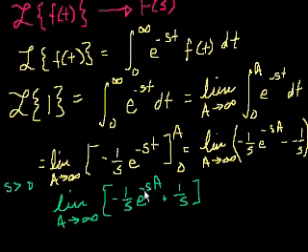E to the minus a Google is a very, very small number, and e to the minus Googleplex is an even smaller number. So e to the minus infinity approaches 0, so this term approaches 0. This term isn't affected because it has no a in it, so we're just left with 1 over s.